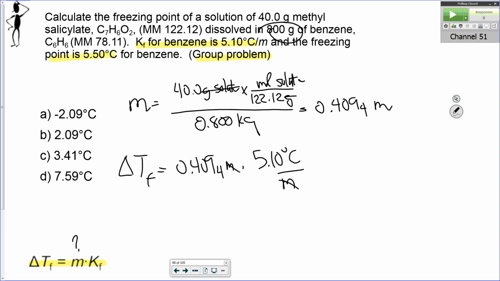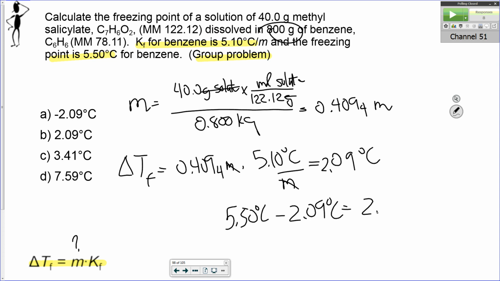That cancels out. That tells me that the change in freezing point is 2.09 degrees Celsius. So if the freezing point originally was 5.5 and it went down 2.09, what's going to be left is 2.991 degrees Celsius.